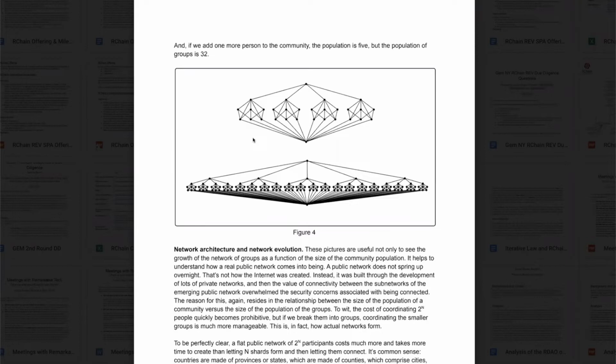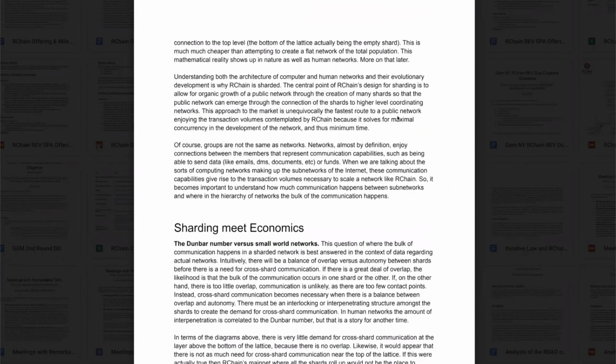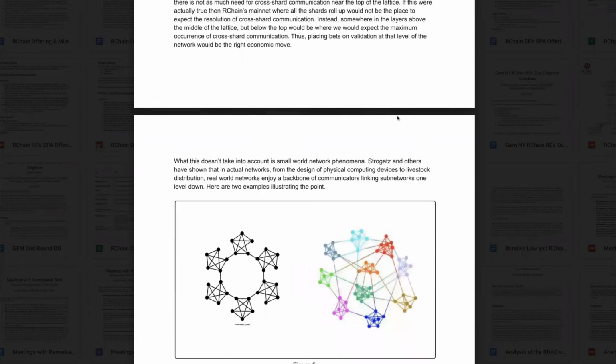Now, you might think, well, doesn't that mean that most of the communication across shards is going to be somewhere in the middle layer, below the top layer, but well above the widest point in the network? From a purely theoretical argument, that would turn out to be true. But in reality, if you actually look at how networks form, it turns out that's not what happens.